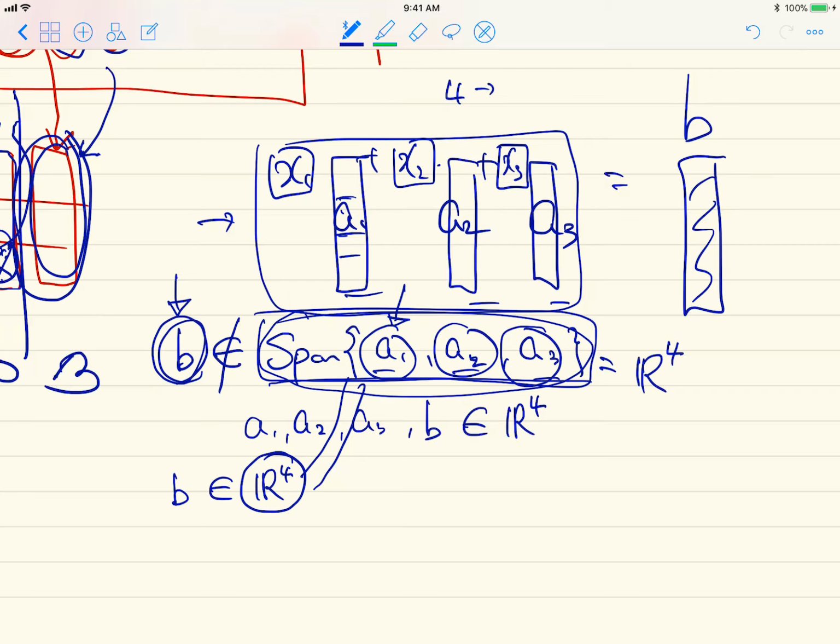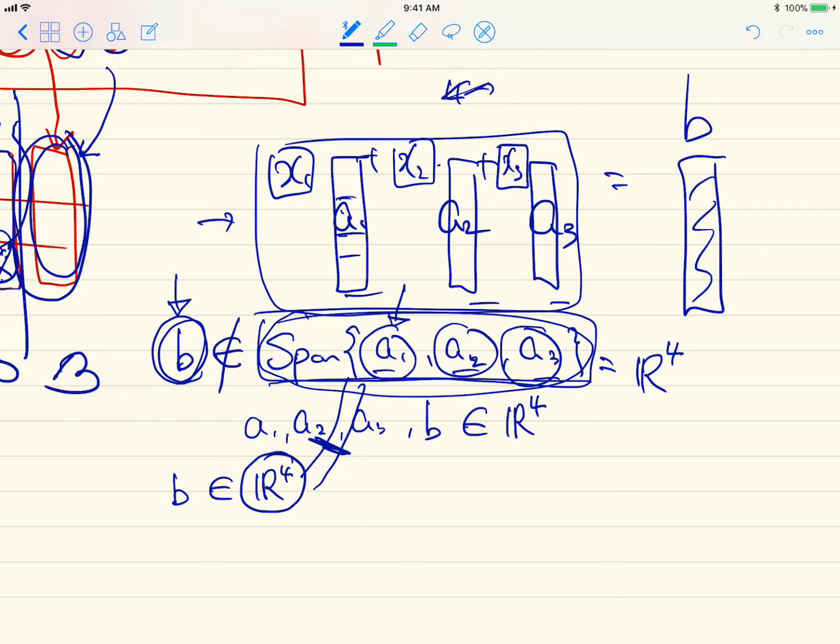And if we add a third vector to our span, it will increase our span into this three-dimensional space, right? But if our space is four-dimensional, intuitively, how many vectors do we need in order to cover the entire four-dimensional space? It needs four, right? So in this particular case, it is not the case.